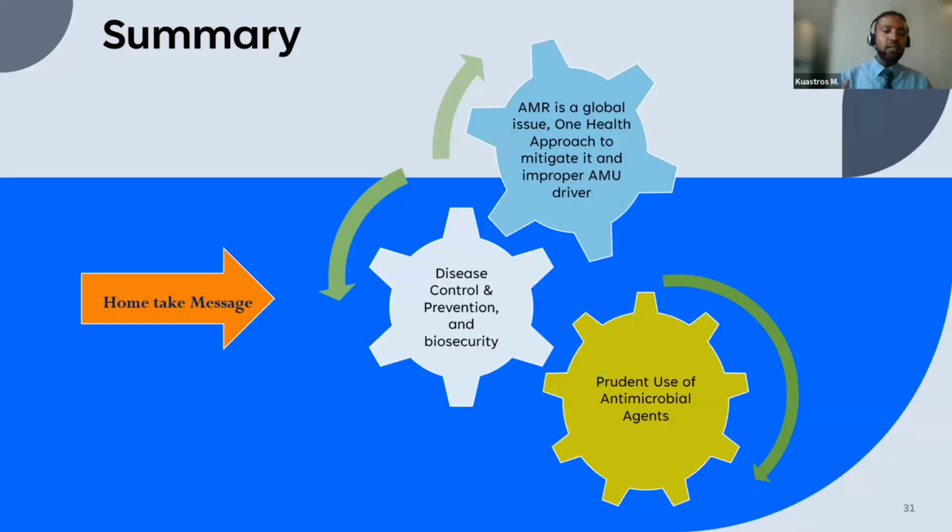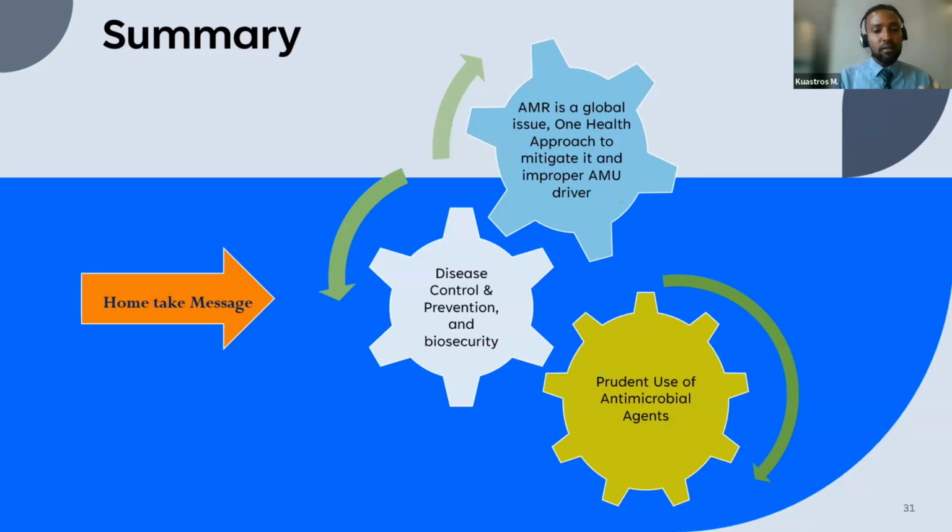So how can we summarize this talk, or what can we take home? We can summarize it in 3 main pillars. The first one is we already understand AMR is a global issue and the One Health approach is really important, and antimicrobial use is the principal driver for creating antimicrobial resistance.